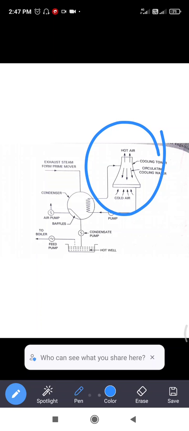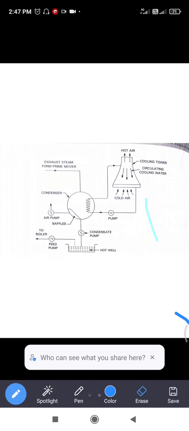A hot well to receive the condensate. Cooling towers for cooling circulating water when there is only a limited supply of water. These are the elements of the condenser.